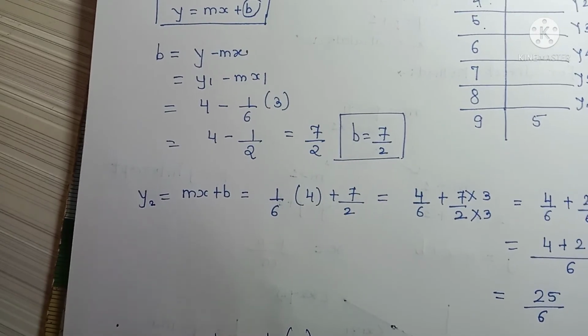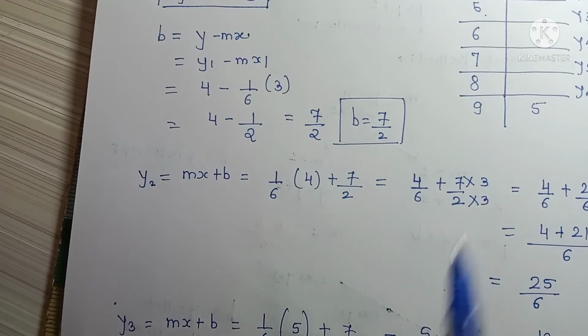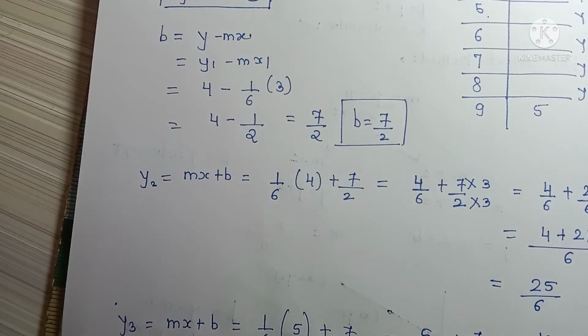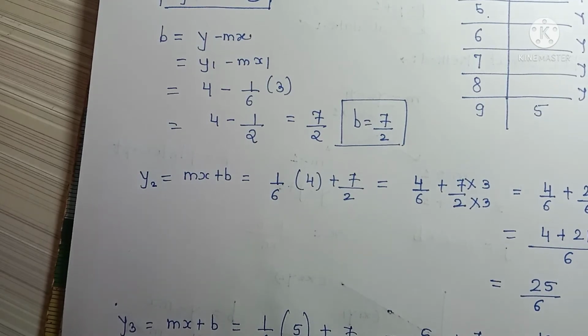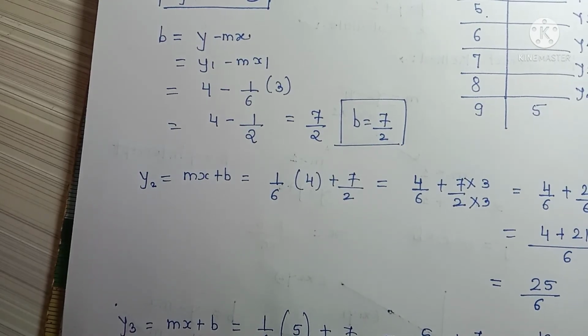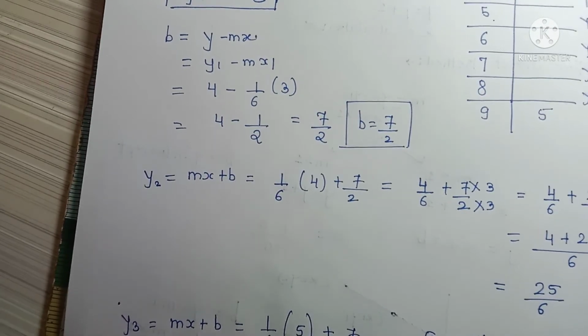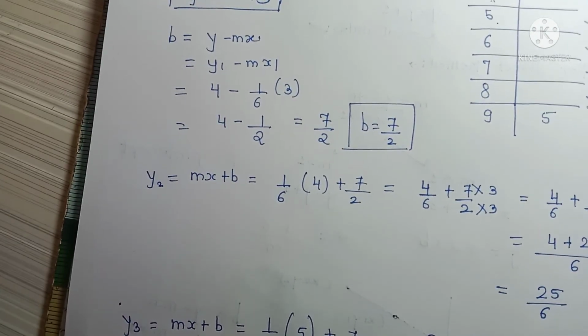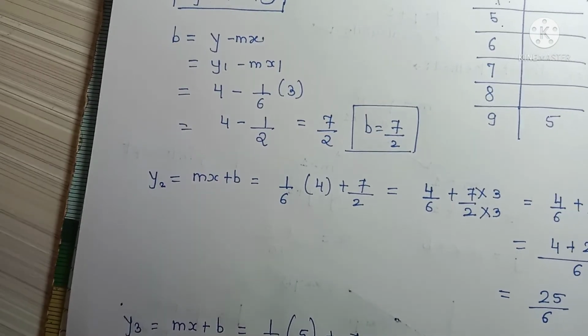y4 is mx plus b. What is m? 1 upon 6. What is x? 6 plus 7 upon 2. 6 upon 6 plus 7 upon 2, which is equal to 9 upon 2. y5 is mx plus b. m, what is x? 7 plus what is b?